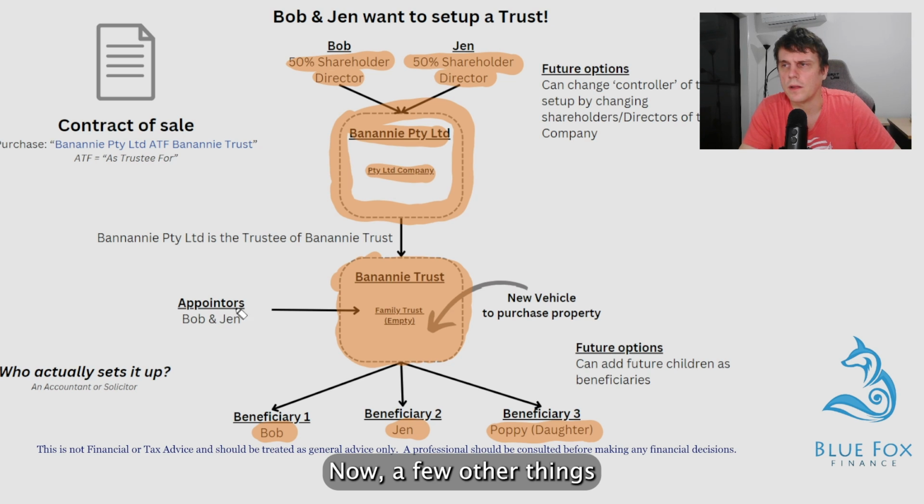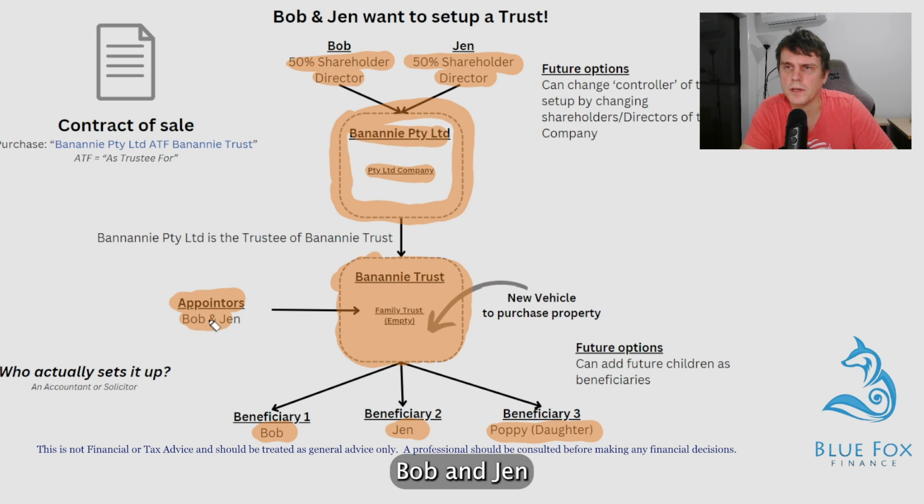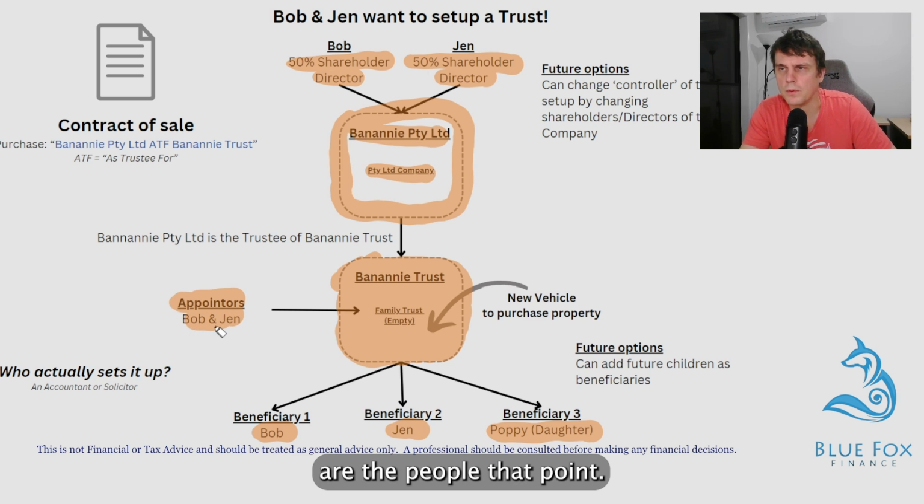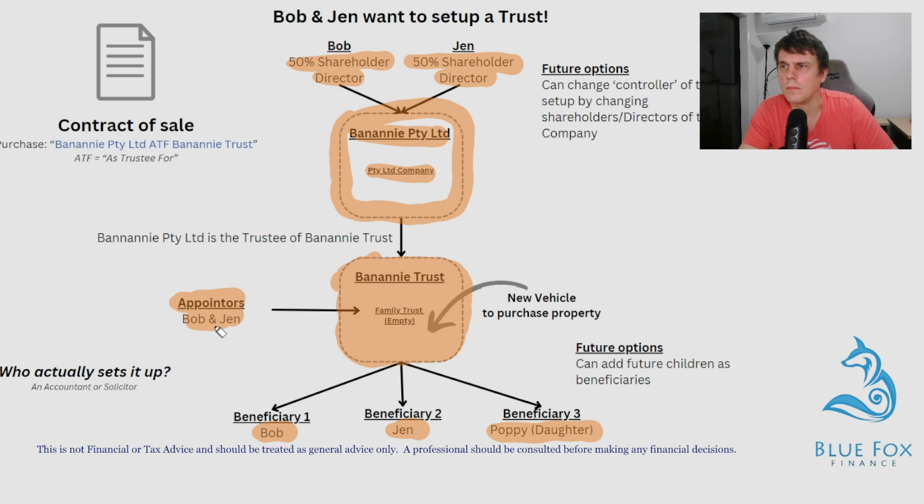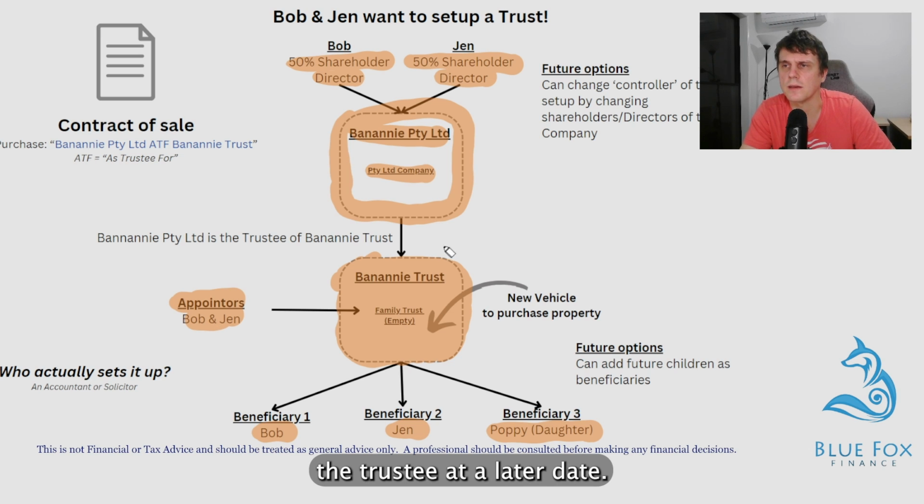Now, a few other things to go through here. So appointers, you will need to set appointers on the trust. The appointers would usually be Bob and Jen. The appointers are the people that appoint whoever is the trustee, which means they can change the trustee. So they realistically have, I guess, probably the ultimate power, because they can always change the trustee at a later date.